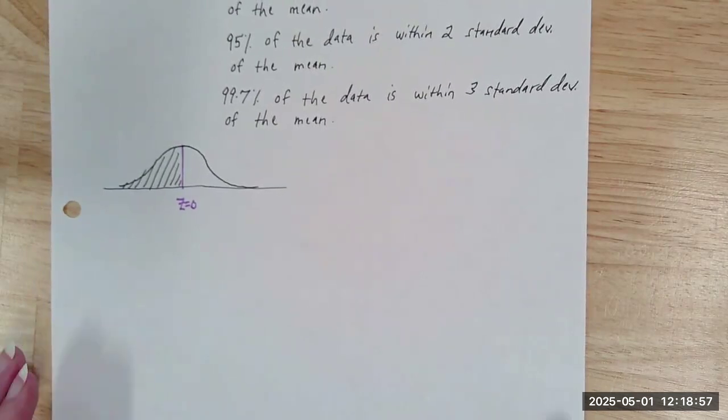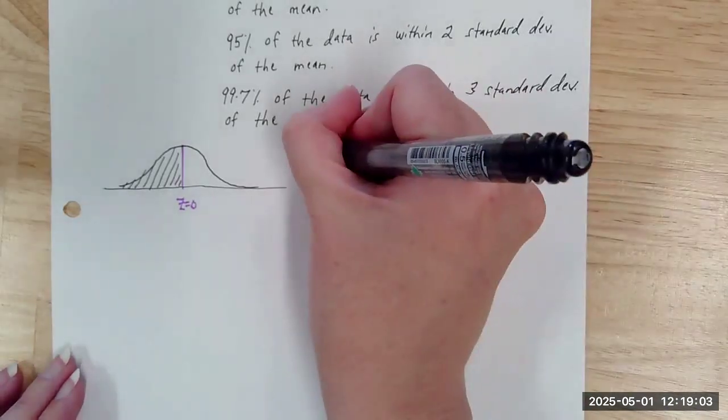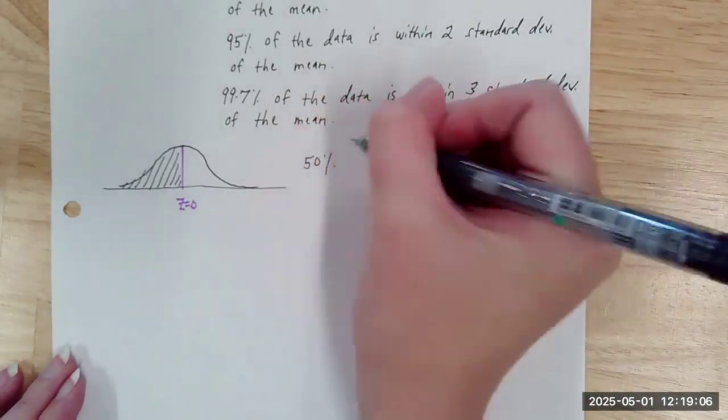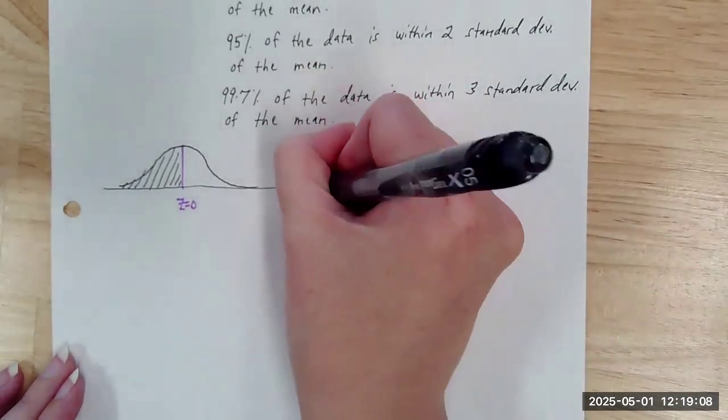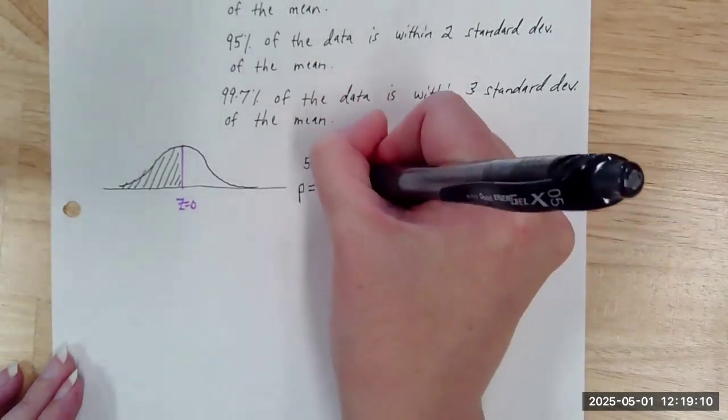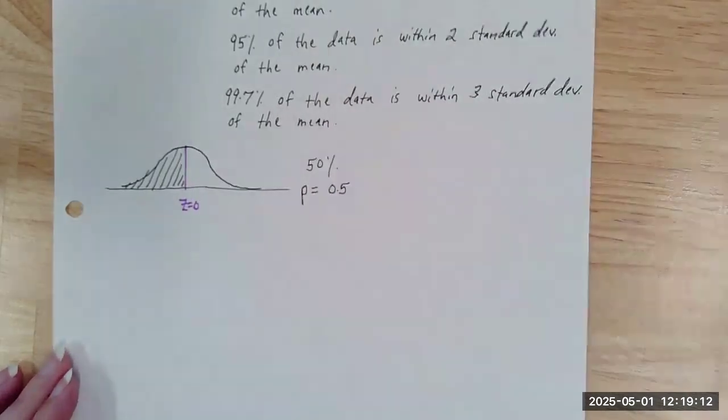So this should be 50%. If the whole thing's 100%, do you agree that what I just shaded in should be 50%? In terms of a probability, we would say that this was p is equal to 0.5.